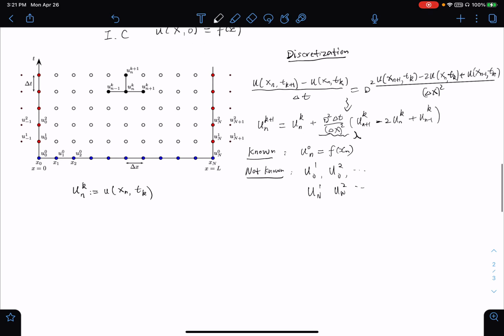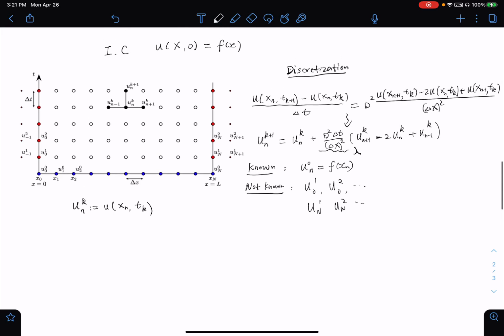So let us apply the central difference formula to the boundary condition.